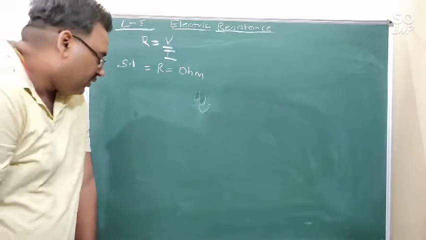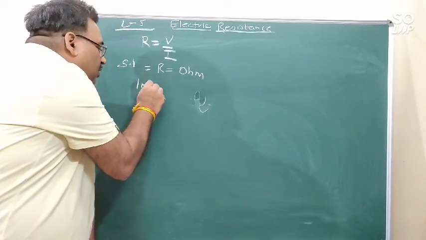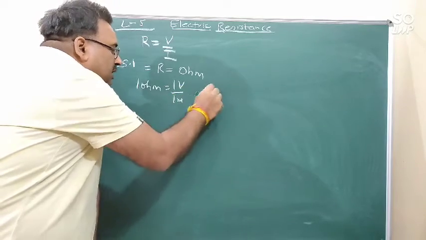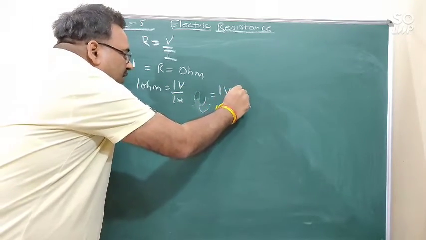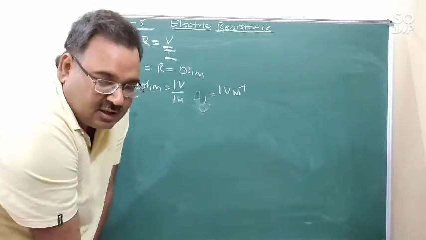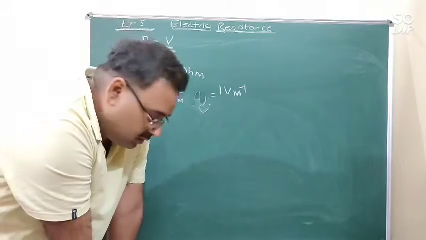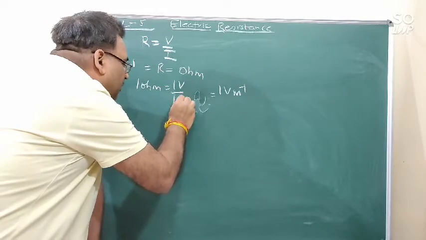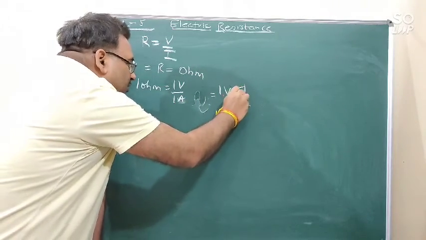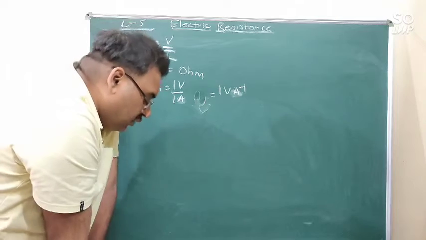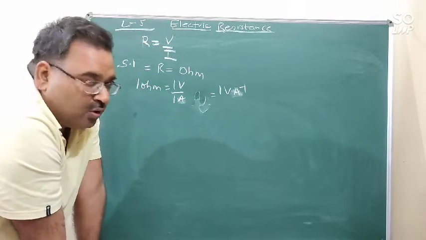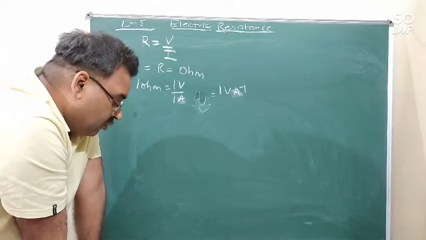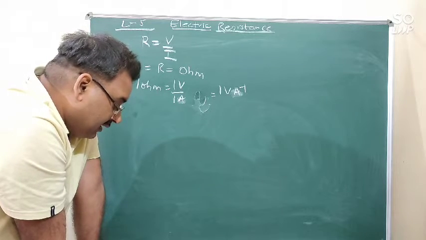1 ohm is equal to 1 volt upon 1 ampere, not 1 meter. So 1 ohm equal to 1 volt per ampere.